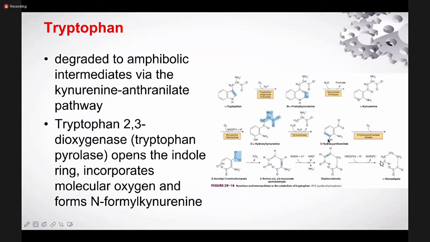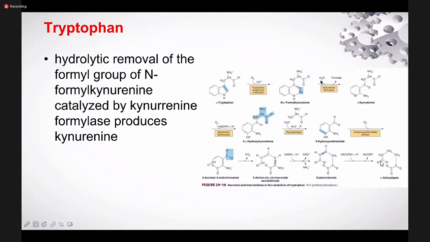Tryptophan 2,3-dioxygenase, also called tryptophan pyrrolase, opens the indole ring and incorporates molecular oxygen, forming N-formylkynurenine. Then hydrolytic removal of the formyl group, with the use of H2O, from N-formylkynurenine is catalyzed by kynurenine formylase and produces kynurenine.